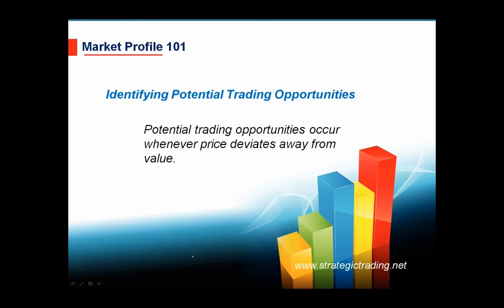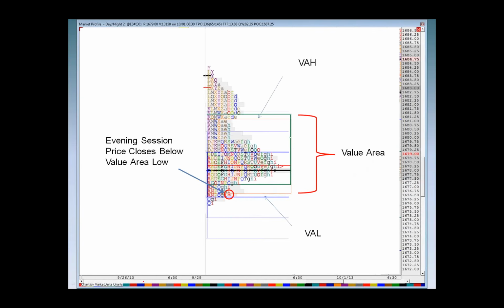As soon as price moves away from a predefined value area, we know that a trading opportunity potentially exists. And the key is to analyze this opportunity to try to determine which way the market is going to go and what is really going to happen at that particular point.